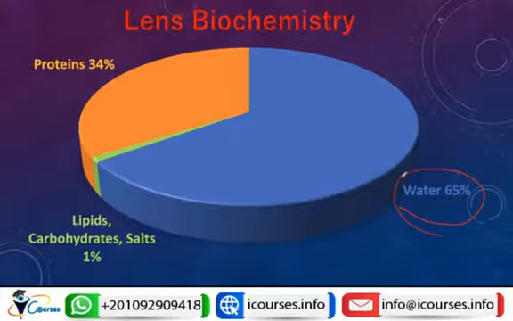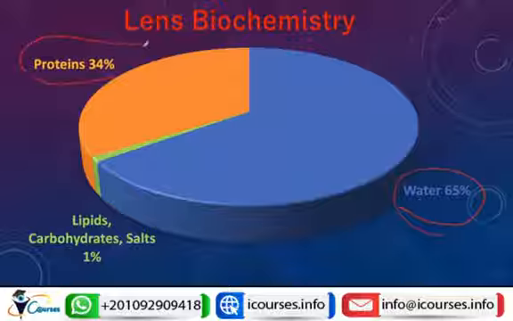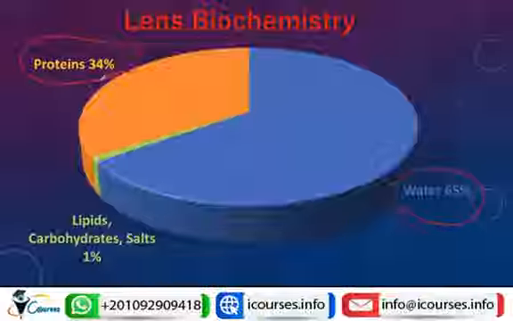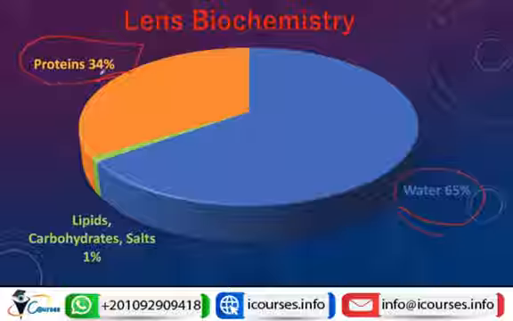In contrast to the relatively low content of water, there is a relatively high content of proteins. The proteins make about a third of the lens content, or 34%.